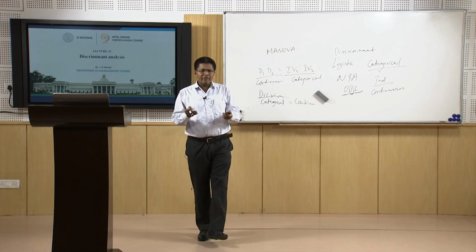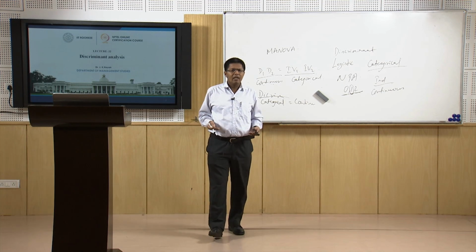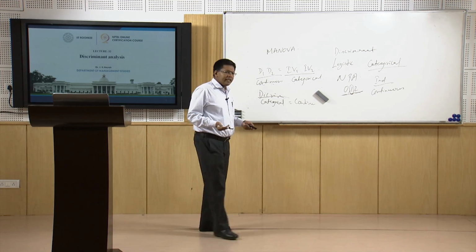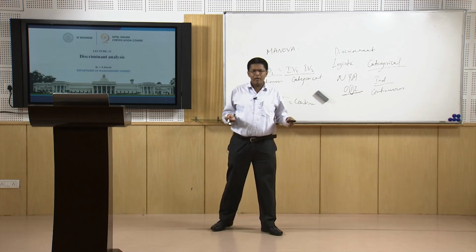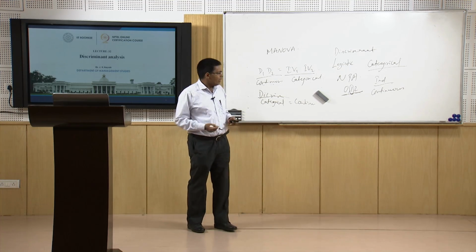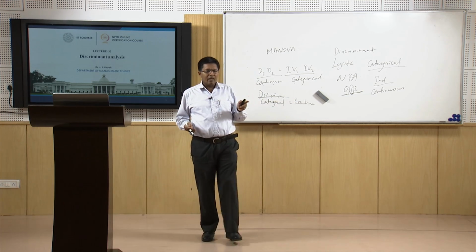MANOVA tests whether mean differences among groups on a combination of DVs are likely to occur by chance or would occur every time. That means it is not a chance, right. You were also measuring the effect of interactions in ANOVA and MANOVA. The most important thing was the impact of interactions. Interactions I had already explained, that means let us say A, B are affecting C.